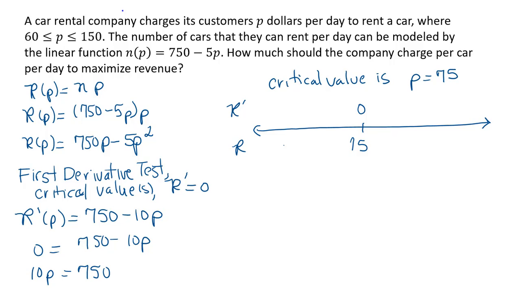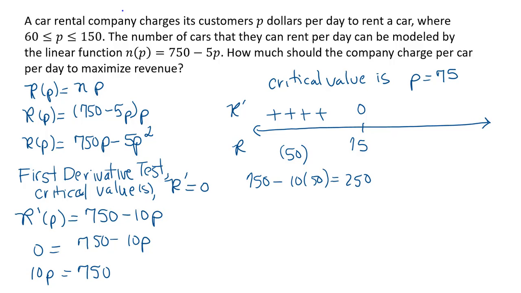When we evaluate 50 in the derivative, we'll get 750 minus 10 times the 50, so that'll be 750 minus 500, and the result is 250, which is a positive number. I'll write pluses to the left of the 75. This indicates that the derivative is positive there.